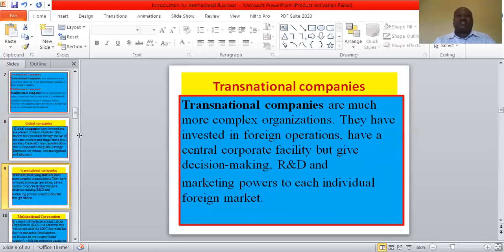We have transnational companies. Transnational companies are much more complex organizations. They have invested in foreign operations, have a central corporate facility, but give decision-making, research and development, and marketing powers to each individual foreign market.